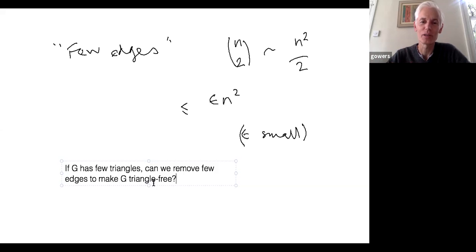It just differs by at most epsilon n squared edges, which is a small number of edges. So if you tell me how well I need to approximate my graph with few triangles by a graph with no triangles, can I give you some delta so that if a graph has at most delta n cubed triangles, then it can be approximated by a graph that's triangle free and approximated to within epsilon.